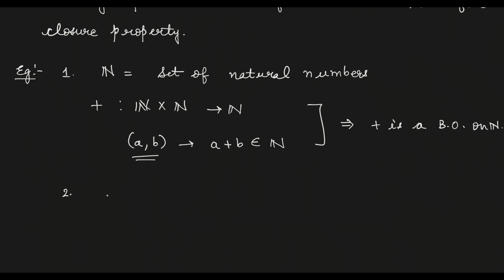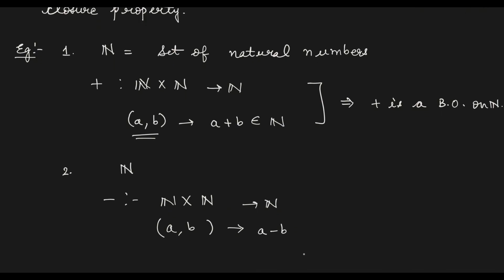Second example, again I am taking the set of natural numbers only. N cross N to N, meaning I am taking an ordered pair of natural numbers, a minus b. Does this belong to natural numbers?